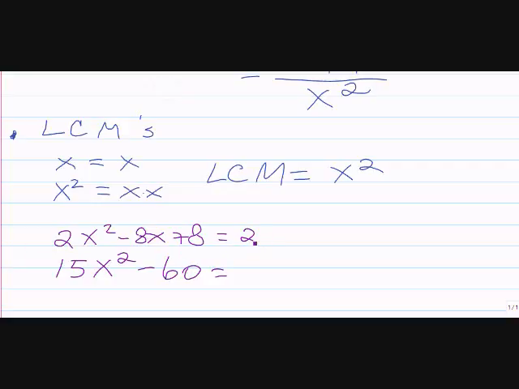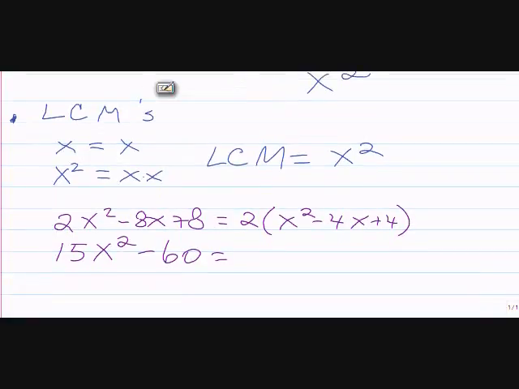I can factor out a 2, and this is 2 times x squared minus 4x plus 4. I can factor x squared minus 4x plus 4. Two numbers multiplied to give me positive 4 and add to give me negative 4 are going to be negative 2 and negative 2.